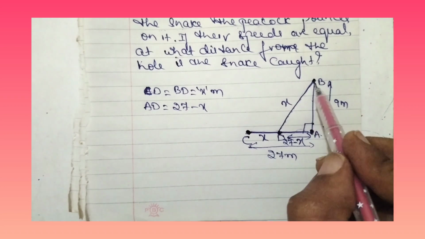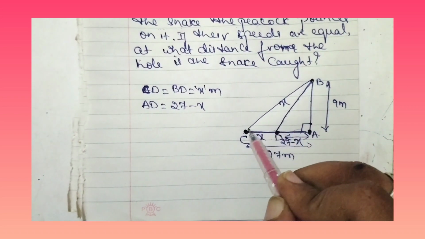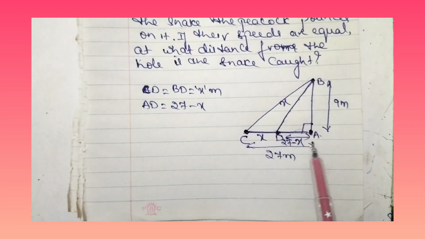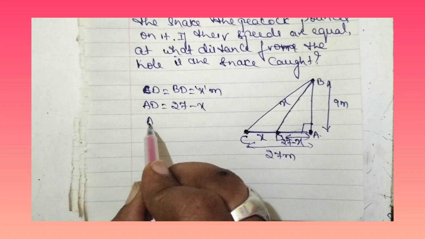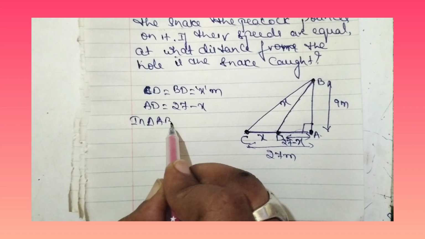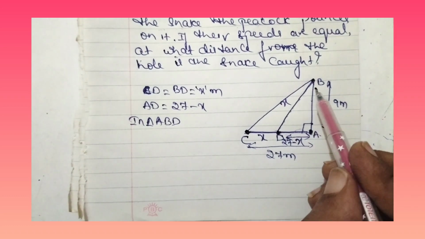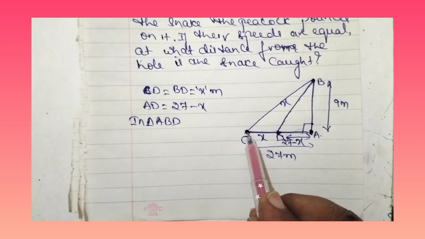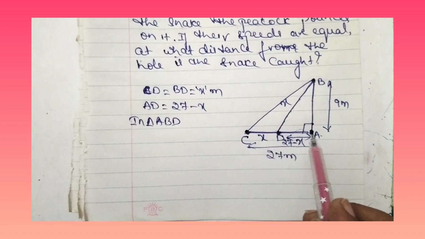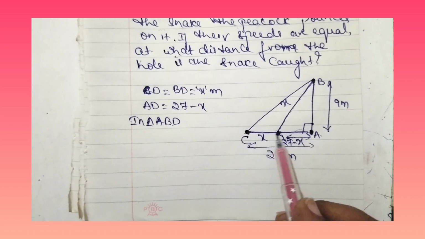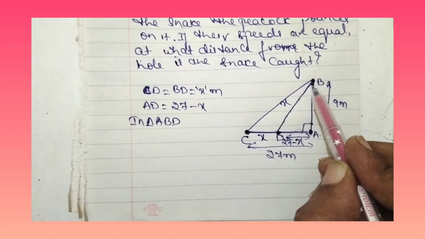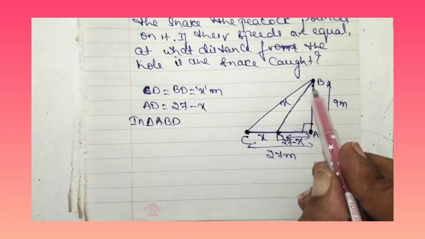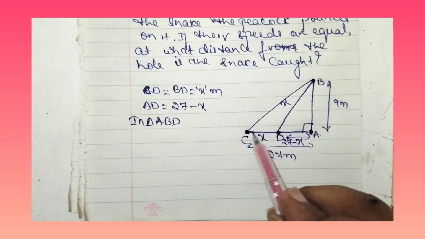So now let us take the triangle. So I will take the right angle triangle ABD. So in triangle ABD, this pillar height is 9 meter. The distance the snake has traveled towards the hole, it travels from C to D, which is x meter, and the distance the peacock traveled is equal to the distance of the snake traveled.